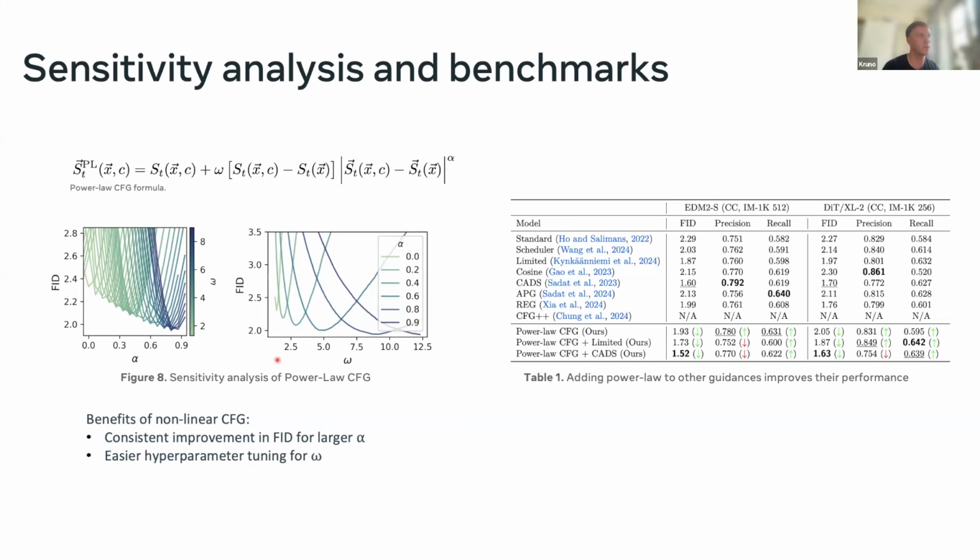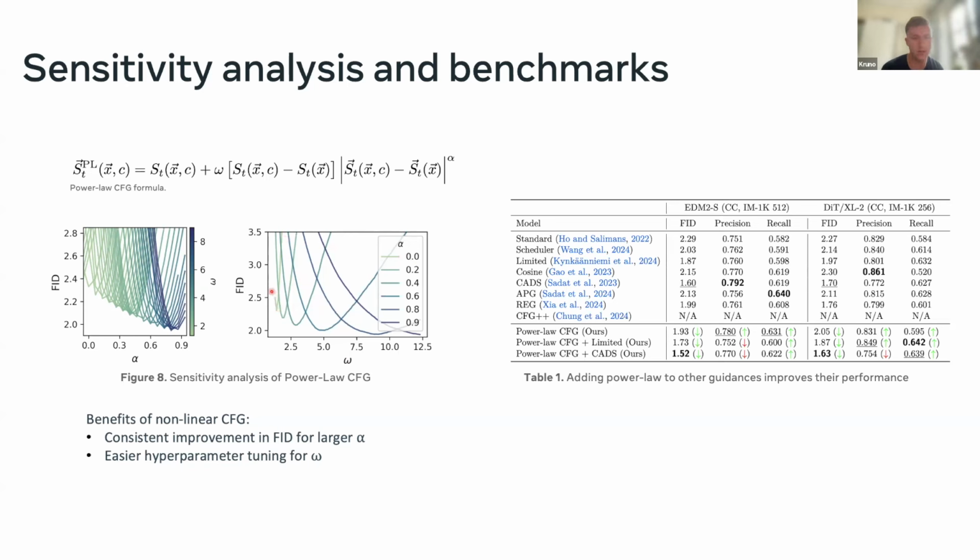But another thing that we can observe is, well, what if I plot omega on my x-axis? What is going to happen to the parabola for different values of alpha? And what you can see here is that for alpha equal to 0, which corresponds to the standard classifier-free guidance, this parabola is super sharp.